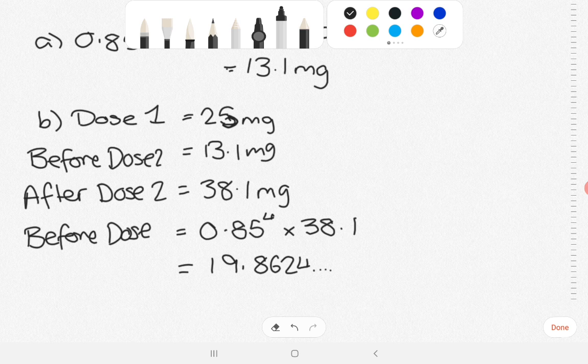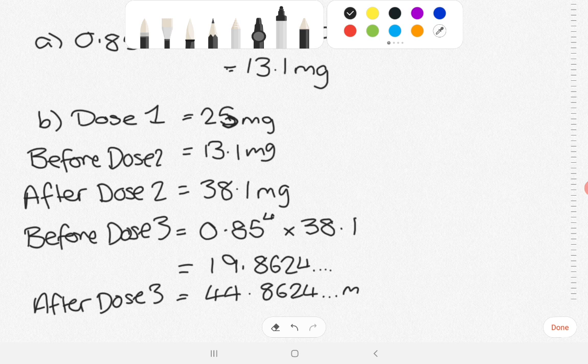So you can see that just before dose 3, we're below that magic 20mg value again. Now clearly after dose 3, if we're adding on another 25, then our dosage is going to be sitting at 44.8624 milligrams.